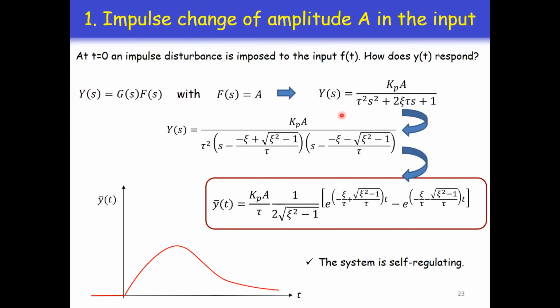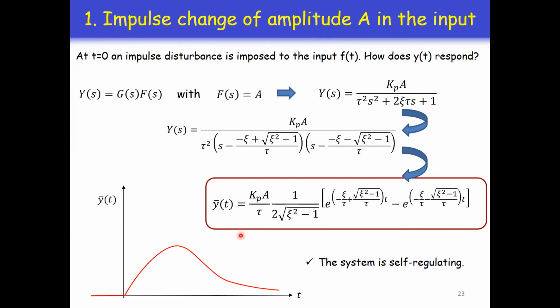We have real and distinct poles. So here you have to expect to apply the first Heaviside theorem. And I will leave to you doing this. We are not interested in the mathematics. We are interested in the physics. So the response will be the one that is highlighted there in the red rectangle.